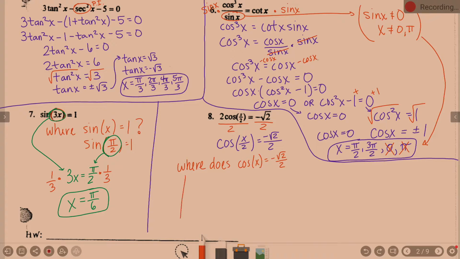You guys need a little picture here? That happens at pi over 4. But is pi over 4 one of my answers? No, because that's in a positive quadrant. Do I want positive square root of 2 over 2? No. We need to consider where cosine is negative.